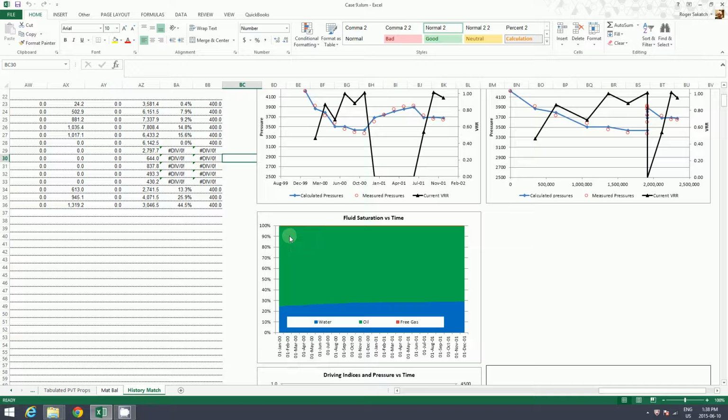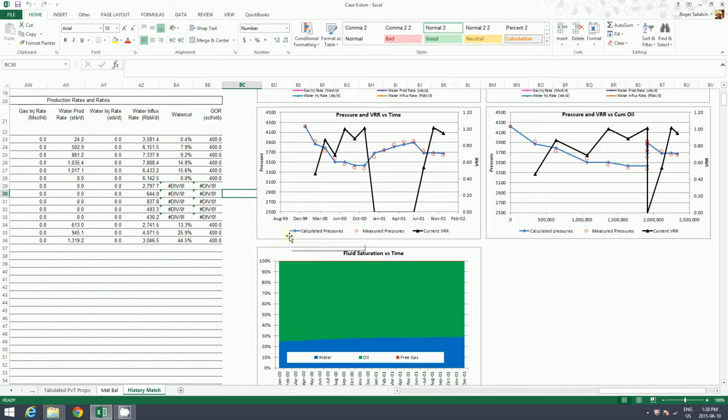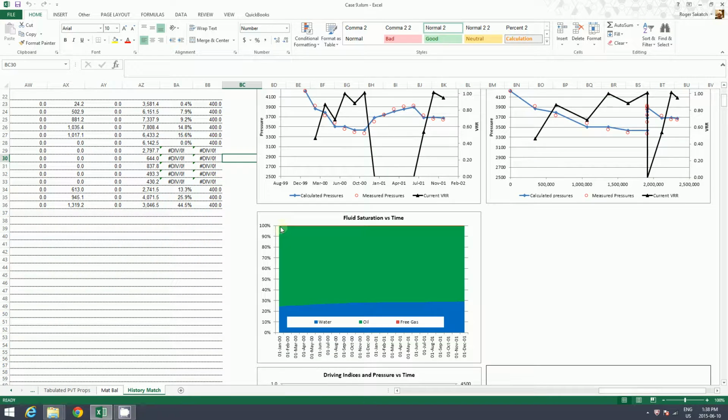We're above the bubble point in this case, so we do not have a gas cap initially, nor at any time do we have a gas cap for this period that we're analyzing. The pressures all remain above the bubble point pressure, and that is resulting in the gas saturations being zero throughout the entire time.